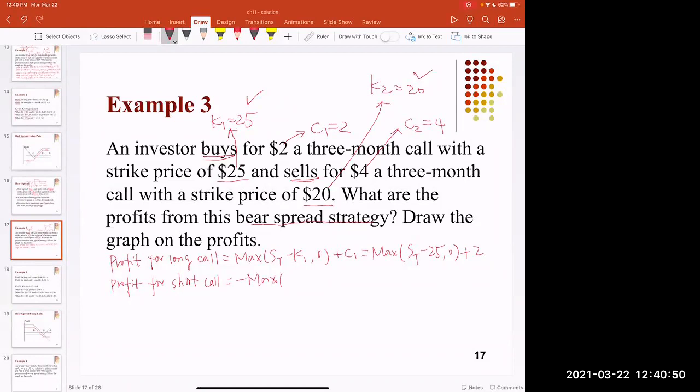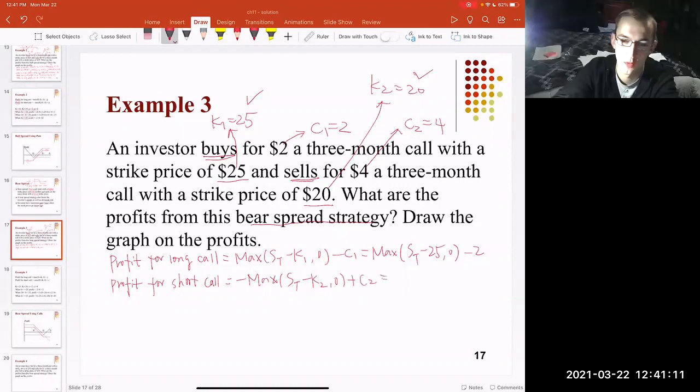Plus 2, okay. Yes, that's correct. So negative maximum value between ST minus K2 and 0. Oh, I made a mistake here. It is minus, sorry, because you take the long position, you need to pay the call price. And here the plus C2, so it'd be plus 4.